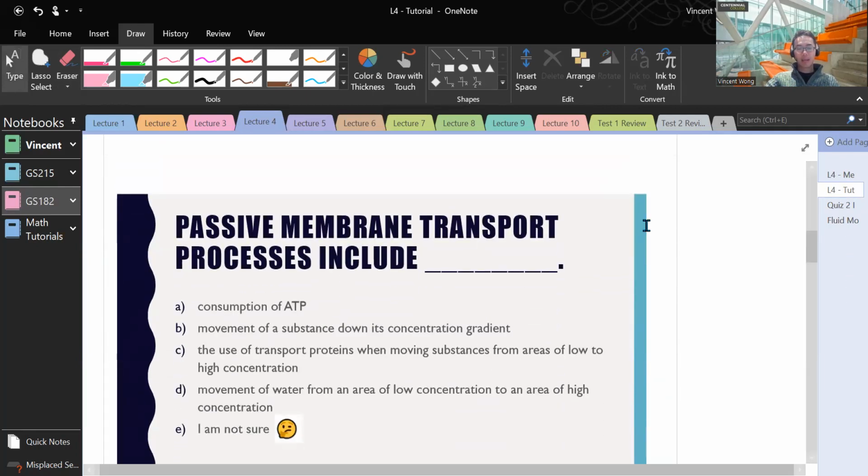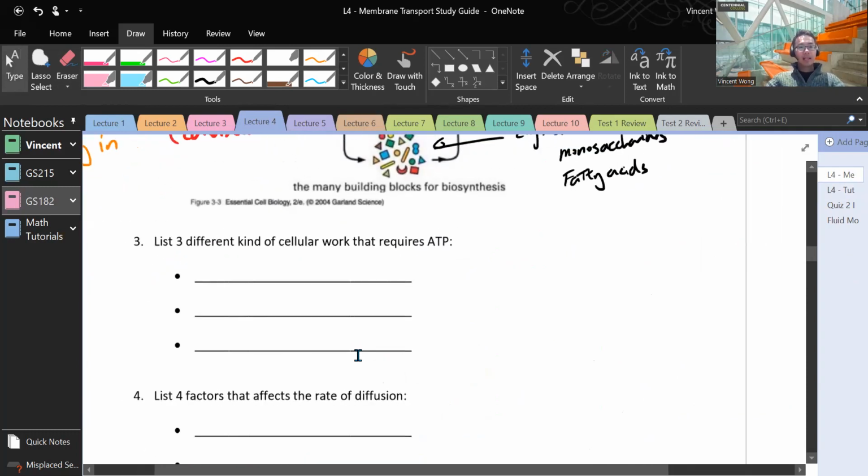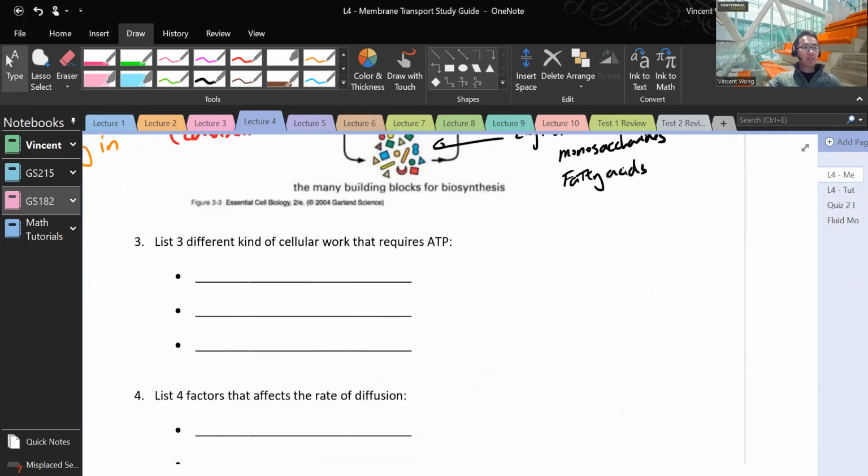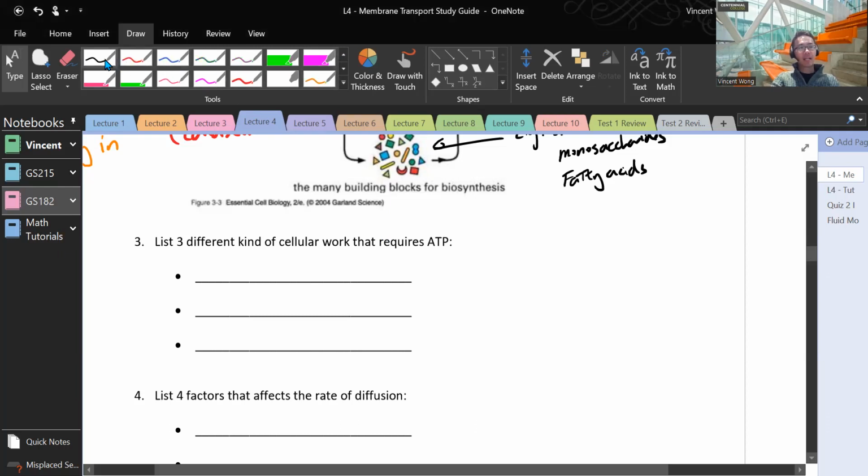All right, so let's go back here and continue. List 3 different kinds of cellular work that requires ATP. So let's quickly go through the concept of ATP again. So ATP is adenosine triphosphate, right?